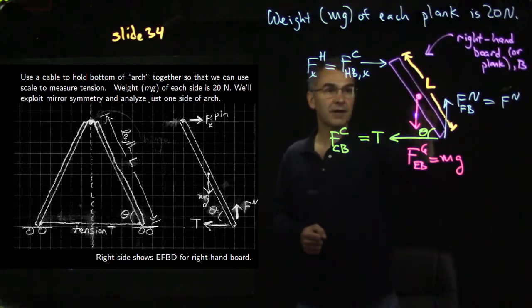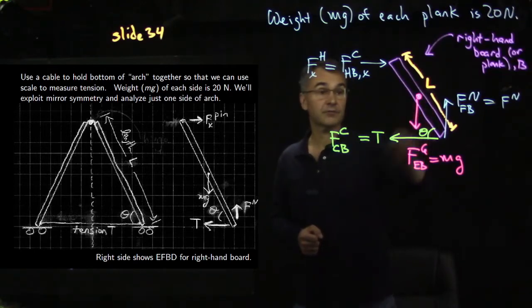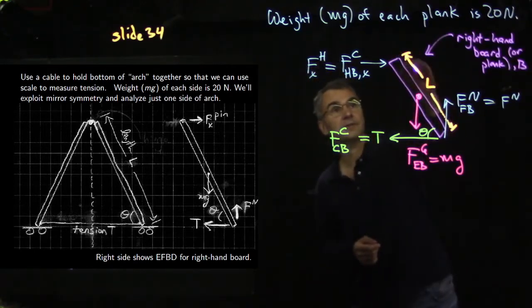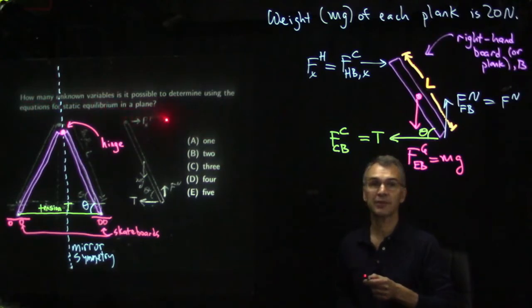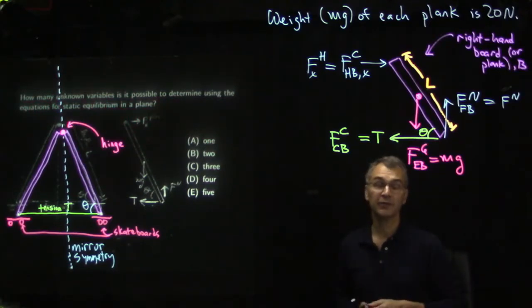And then gravity acting directly downward at the center of mass, also known as center of gravity of the board, and then the length L of the board. How many unknown variables is it possible to determine using the equations for static equilibrium in a plane? Well, we have one equation for force horizontally, one equation for force vertically, and one equation for torque.